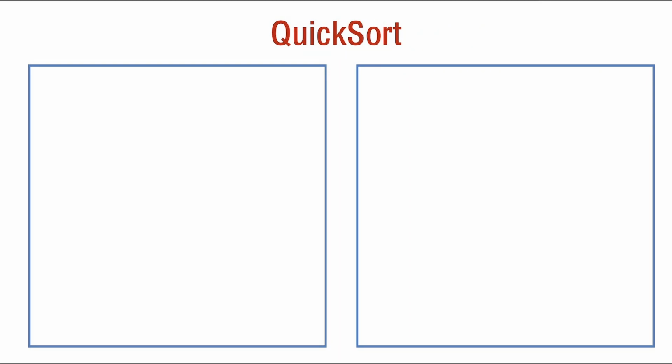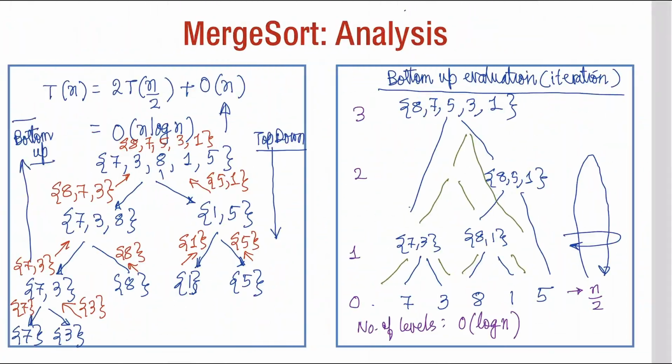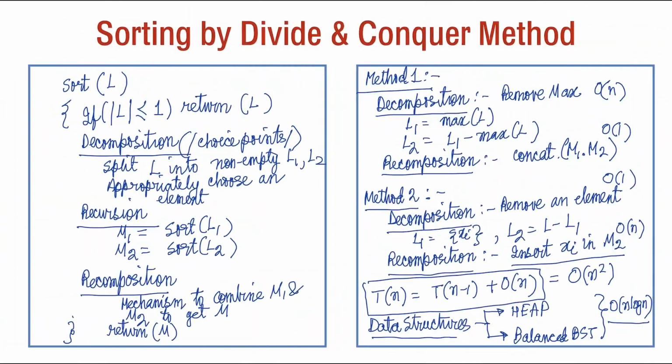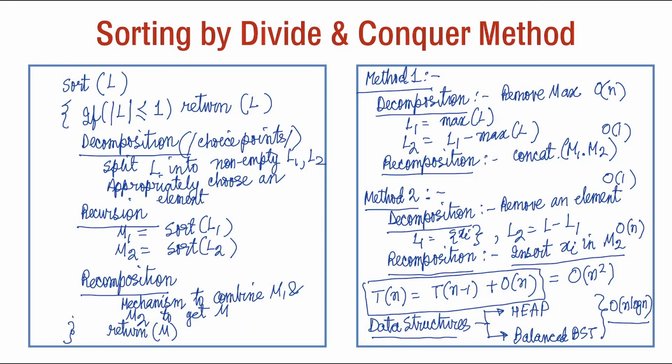Next, we come to another algorithm called quicksort. Whereas in merge sort, let us go back to our first strategy, our methodology of algorithms, where we talked in the left hand side about decomposition, recursion, recomposition.